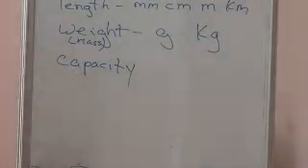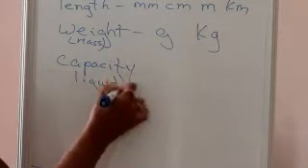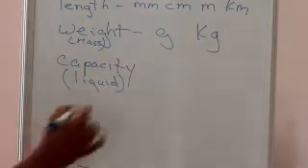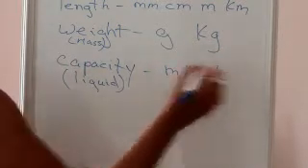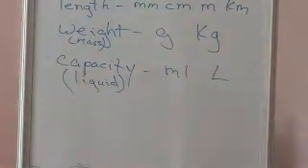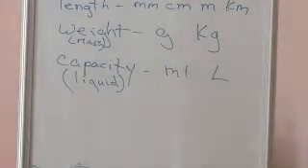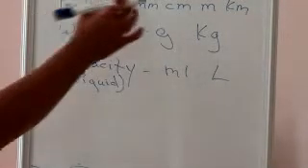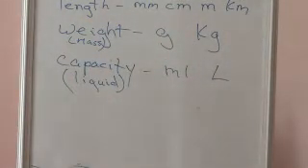Capacity measures how much liquid something can hold. So that's the liquid. And when we do that, we're using milliliters and liters. So this is all metric conversion. It's just the different units of metric conversions that we use for weight, liquid, or the length of something.